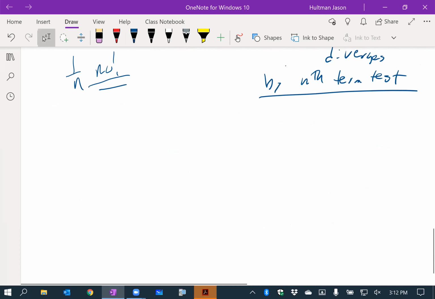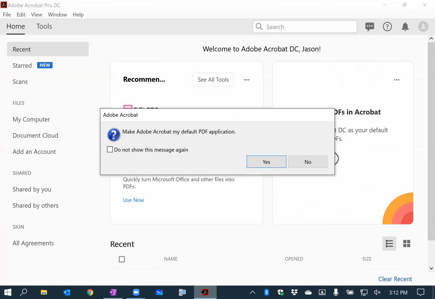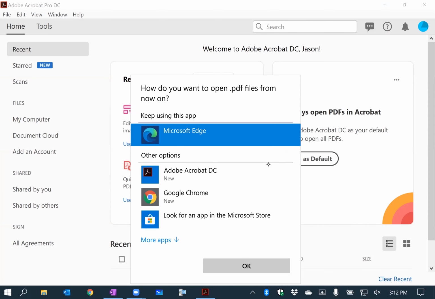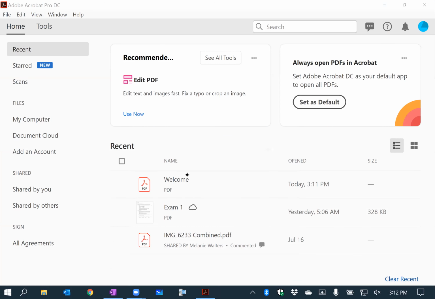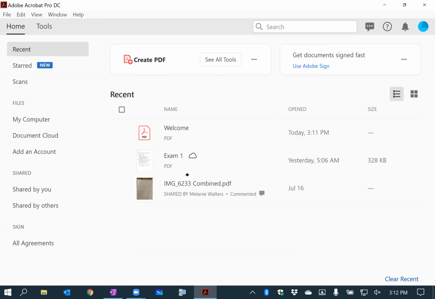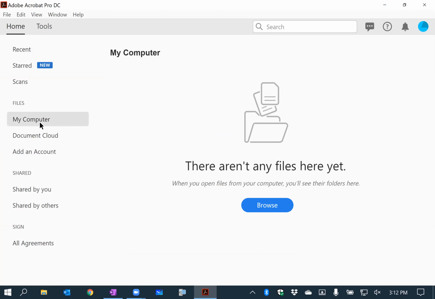Okay, number 10. Let's look at number 10 real quick. Make Adobe your default application. Yes. Do not show me this information again. Yes. How do you want to open PDFs from now on? Adobe. Thank you. Where's my computer? Aren't any files here?